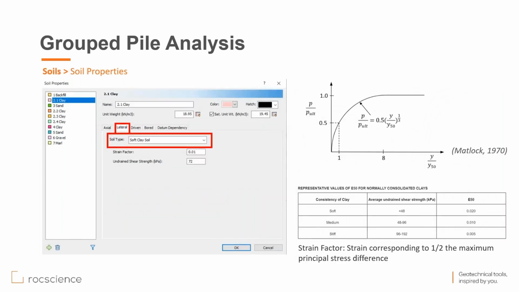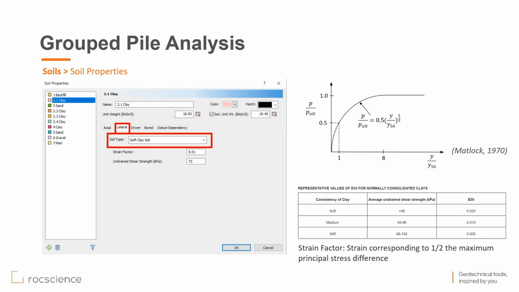For the lateral capacities, we have used soft clay soil for the topmost layer. A soft clay soil model uses the work by Matlock, where the ultimate normalized lateral load carrying capacity is defined as a function of lateral displacement, and we are able to, of course, enter a strain factor, which is defined as a strain corresponding to half of the maximum principal stress difference.